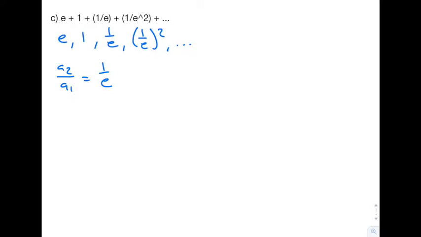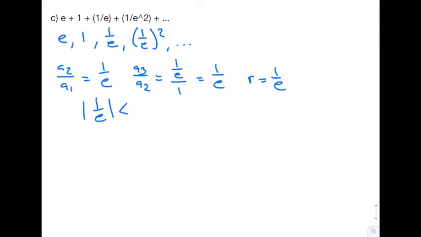A sub 3 over a sub 2, that's 1 over e over 1, which is 1 over e. And then to get from 1 over e to 1 over e quantity squared, we have to multiply by 1 over e. So it looks like our R equals 1 over e. Fortunately for us, the absolute value of 1 over e is less than 1, which means that this particular infinite series will converge.